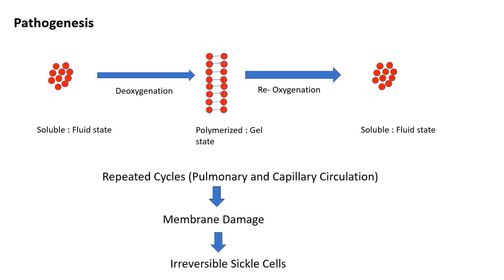That means even if now the cells are oxygenated, they will not go back to the fluid or soluble state. So at any point of time in a sickle cell anemia individual, there would be certain cells which are reversibly sickled cells and certain cells which are irreversibly sickled cells, and all this depends on certain factors which I'll come through in my next few slides.